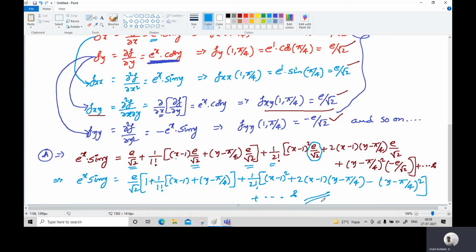In this way we can get the power series expansion of e power x into sin y in terms of (x minus 1) and (y minus pi by 4).